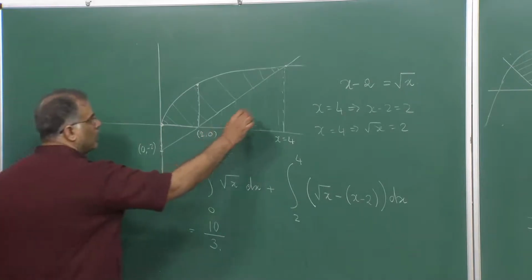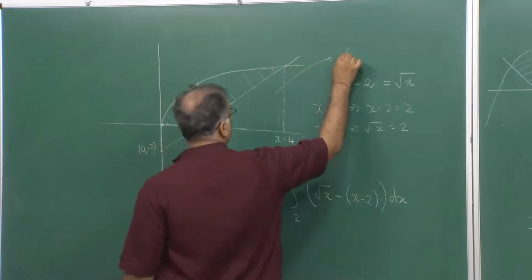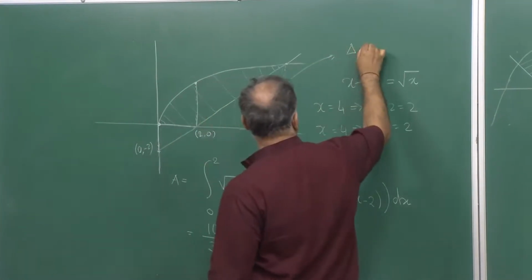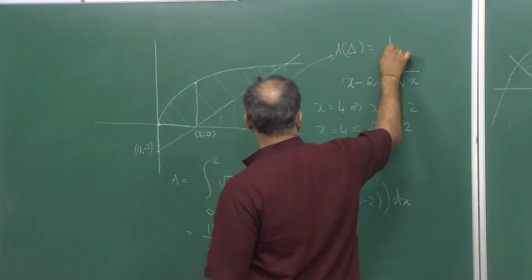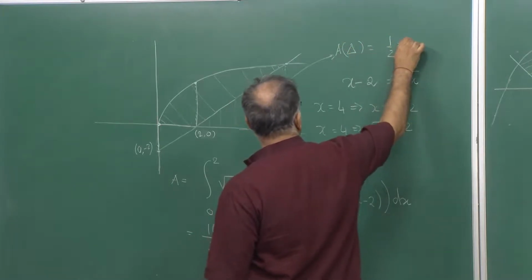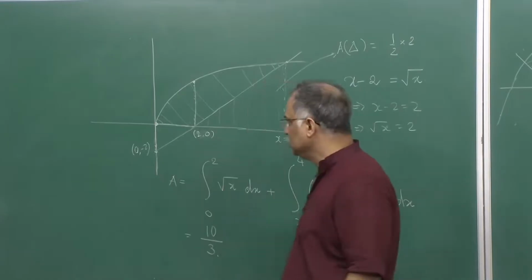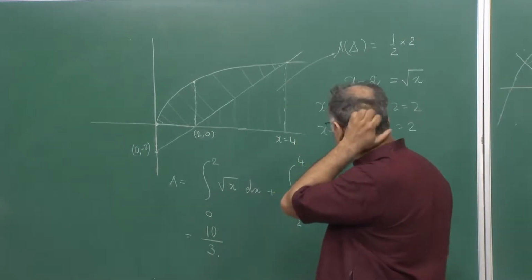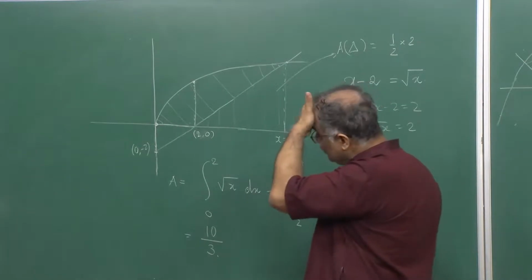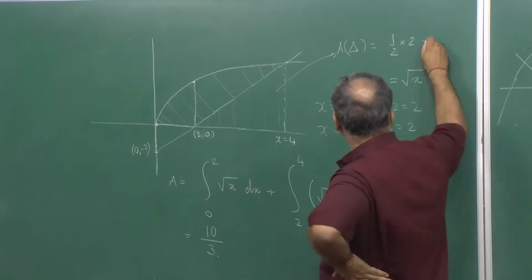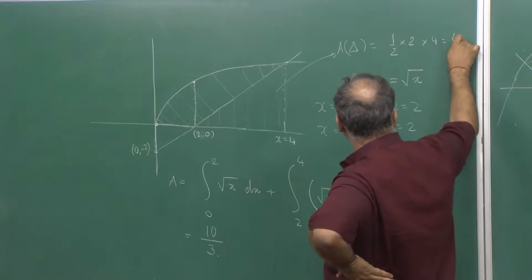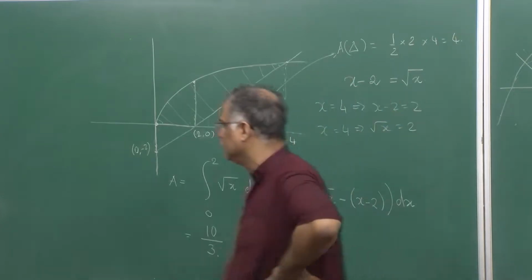What is the area of this triangle? Area is equal to half of base, which is of length 2, into the height, which is 4. So, it is 4 units.